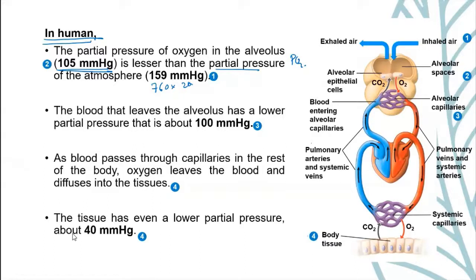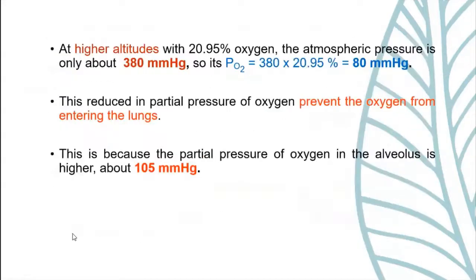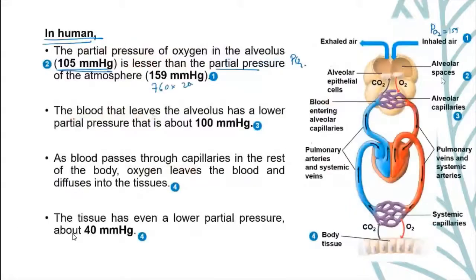So kita tengok kat sini lah kan, inhaled air, kita buat kat sini 159. Okay. In the alveolar space, the partial pressure of oxygen is 105. Okay, yang nombor 2 tu. Okay, so oxygen enters into the alveolus.